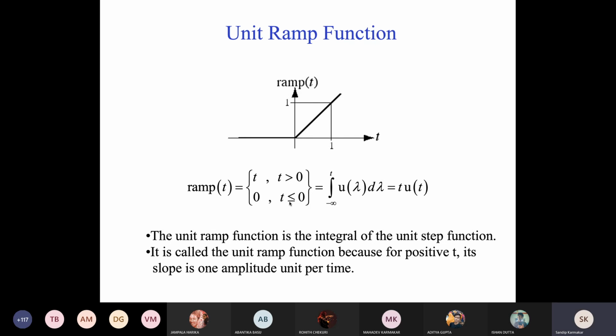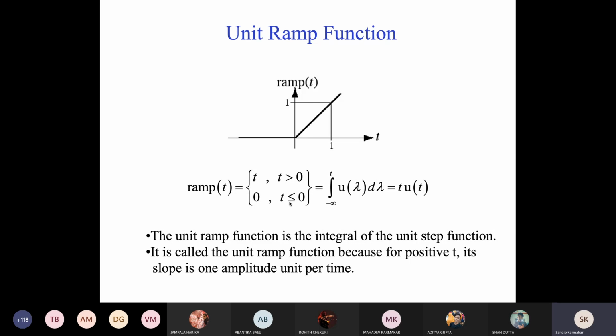Just integrate u(lambda) d lambda and you will see that this is t u(t). So for u(lambda) from minus infinity to 0, the value is what? From minus infinity to 0, the value is 0, so that is crossed out. Then there is a half value at 0, which is also discarded because it is a single point value.